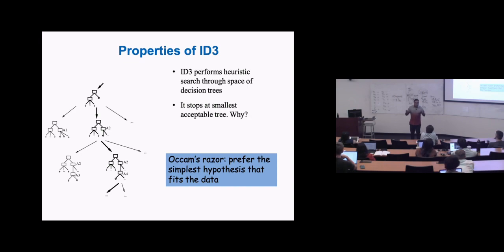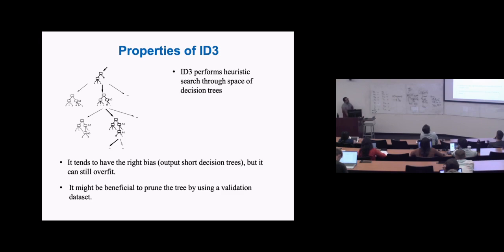It's truly random. The assumption you made initially that the target variable is random is true, and you cannot do anything about it. No neural network is going to solve that. Okay? All right. So it tends to have the right bias. That basically means short decision trees, but it can still overfit.